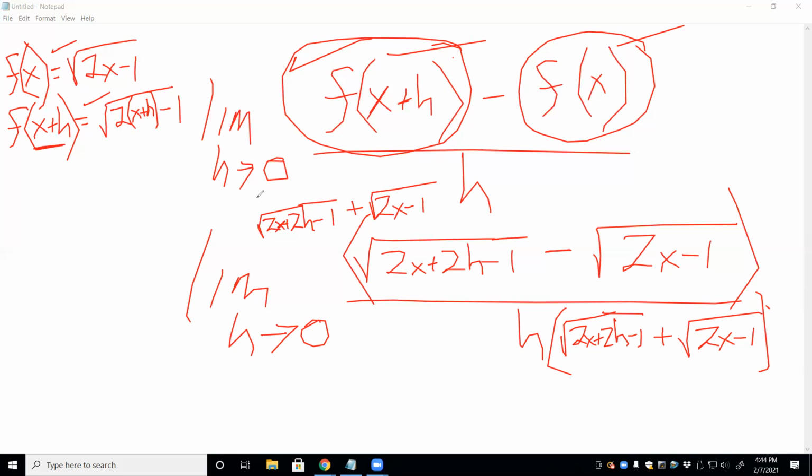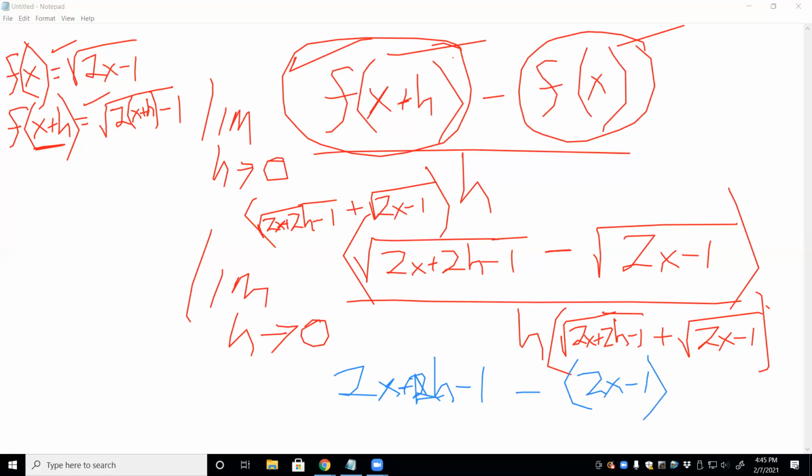So I'm multiplying the top by that and the bottom by that. So I'm multiplying this fraction by 1. I can do that. And when I multiply by the conjugate, the top is going to turn into 2x plus 2h minus 1 minus quantity 2x minus 1.